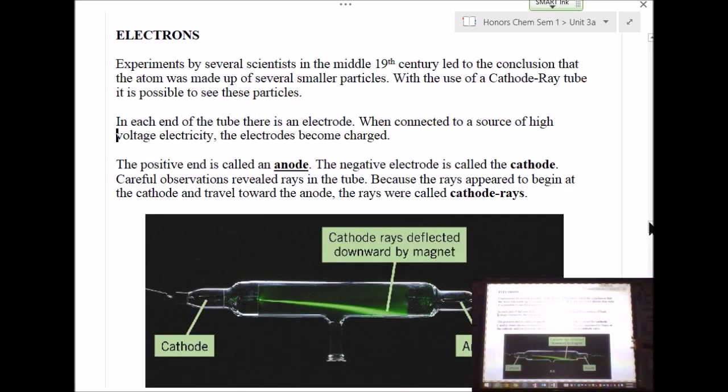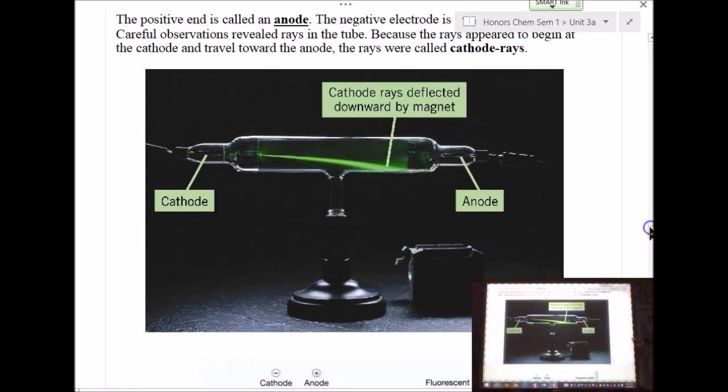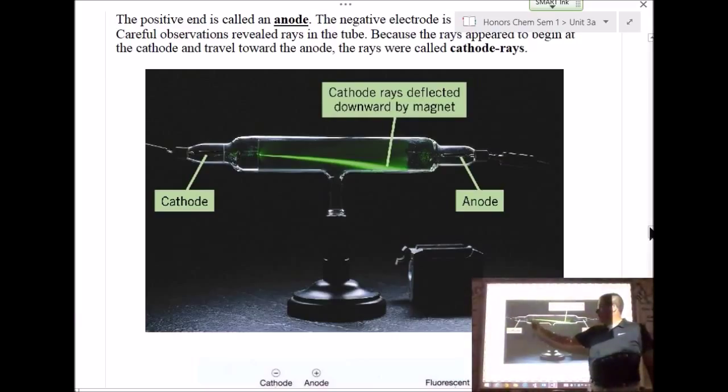Okay, so a cathode ray tube. Here's the cathode end. In other words, what happens is on one end of the tube, it actually forms rays and moves to the anode, which is on the opposite side. Yeah, the positive end, very good. So we've got the negative end and positive end.